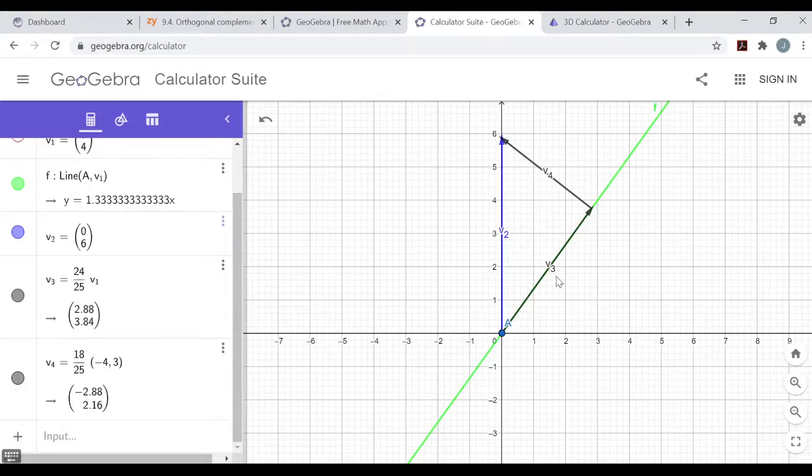So there's my vector from W. That was the projection vector, v3 here, plus v4 gives me v2. This is v2, the y. This is (0, 6). (0, 6) equals 24/25 times (3, 4) plus 18/25 times (-4, 3). There's the y hat plus the z.